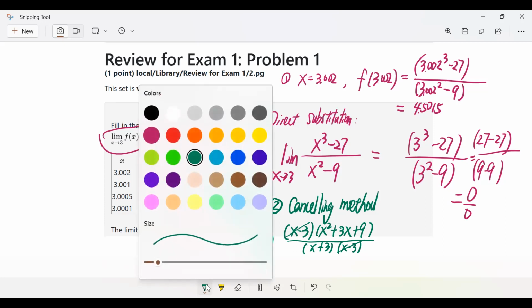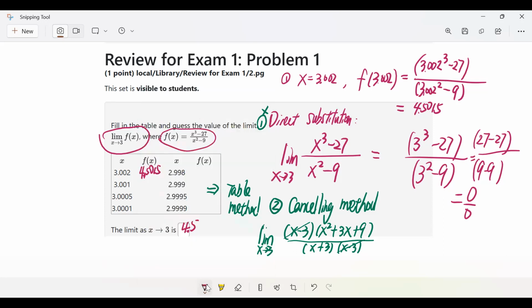Now you can do direct substitution after you redefine the function. So you have to be a little bit flexible, depending on different cases. You always try direct substitution first. If it fails, then you have to try something else. There is always some method available to solve the problem. If you plug in 3 right now, you're going to get 4.5.